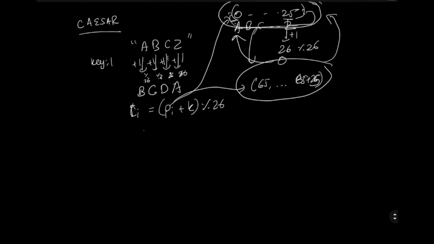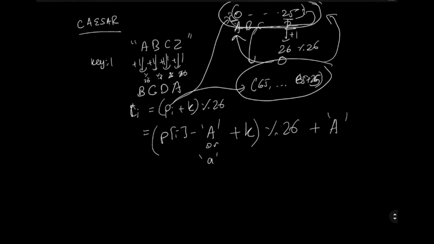So let me explain once more. The formula that I have right now is going to be P of i minus capital A or small a, plus key, mod 26, and then I'm going to add back whatever I subtracted, right?